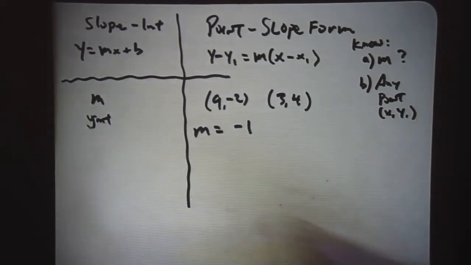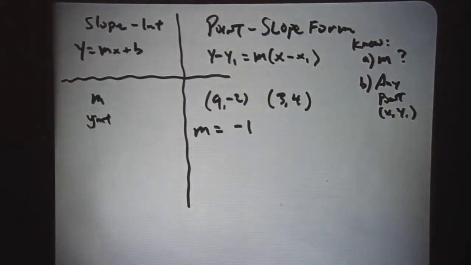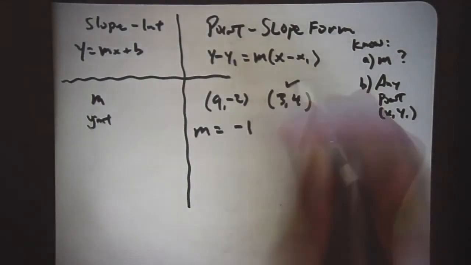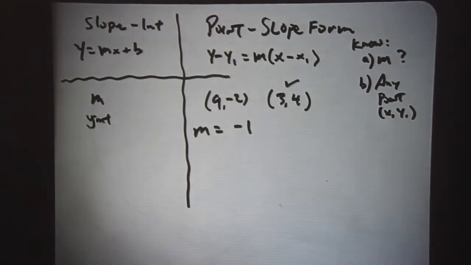So we got the slope. You got to calculate slope all the time for lines, but if you want to build the equation of the line, let's say I choose this point here. Again, if I'm picking points to work with, I always pick the one that doesn't have a negative sign.